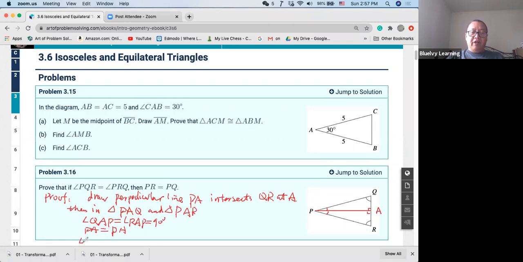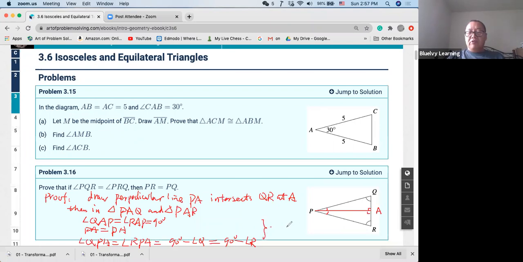Then we have angle QPA equals angle RPA, because they both equal 90 degrees minus angle Q, which also equals 90 degrees minus angle R, because they give us angle Q equals angle R. So then these two angles are congruent.